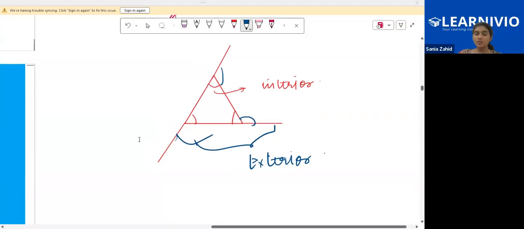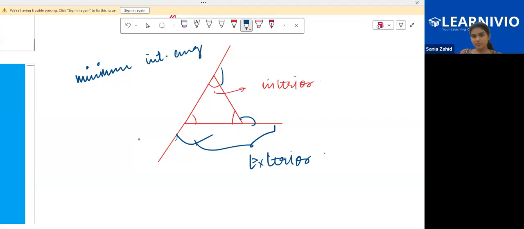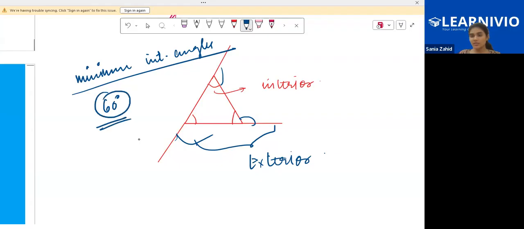Yes. Now the question was, what is the minimum interior angle that's possible? For the minimum interior angle, you will have the simplest polygon. And what is the simplest polygon? A triangle. And what is the regular polygon for a triangle? 60 degrees is each angle, because that's an equilateral triangle.